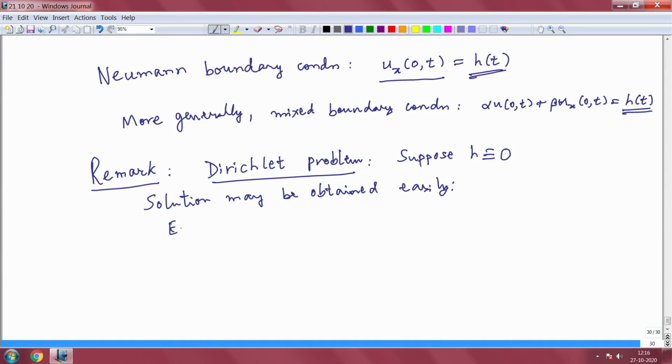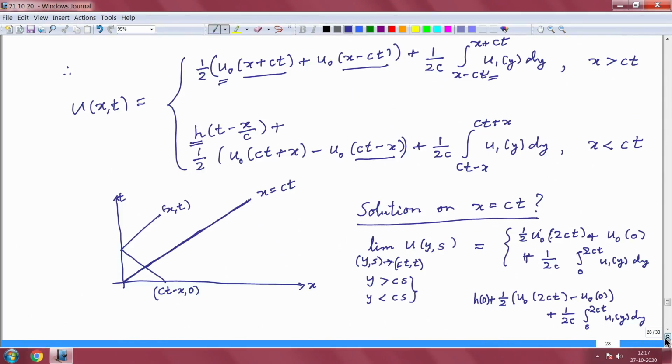How do you do that? Extend u 0, u 1. They are defined only for x positive, so you extend them to R as odd functions, and use these extended functions as the initial values for the wave equation in the entire domain, and then you apply D'Alembert's formula, and you will get this.